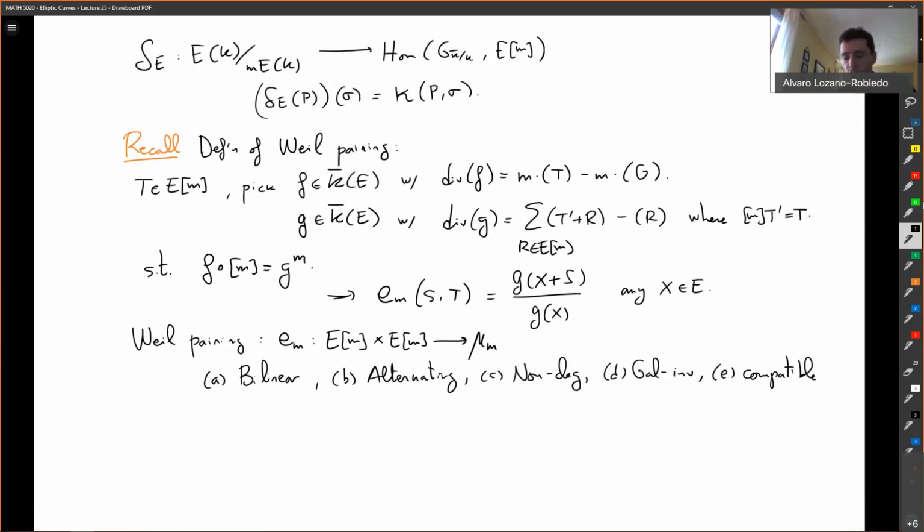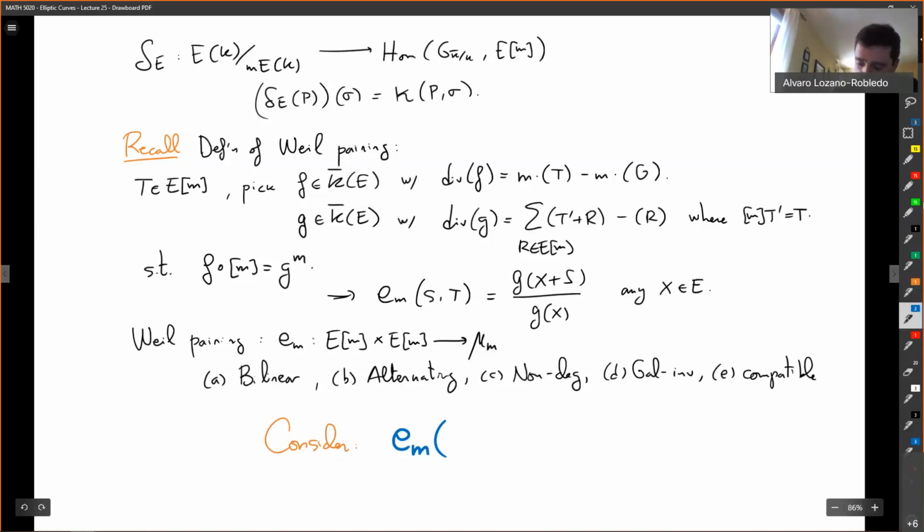So what we're going to do, why are we bringing this up? The reason I'm bringing this up is that I'm going to consider the following. Delta gives me, for every point, a homomorphism into E[M].